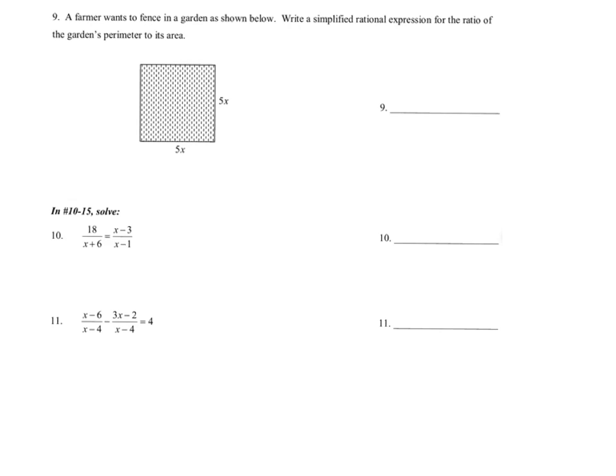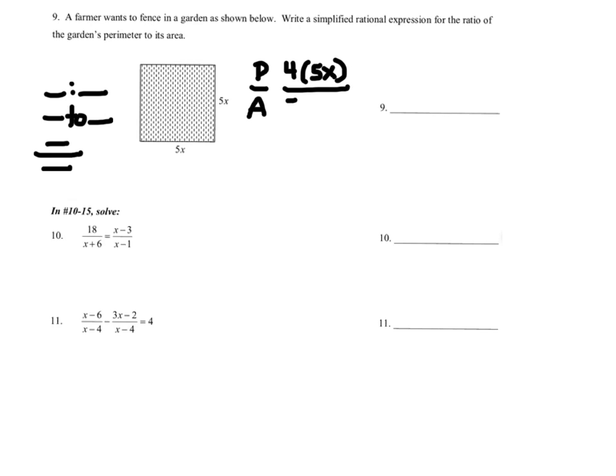I can either write a ratio as something to something, or something divided by something, right? And if I want an expression, these two would not be considered expressions. I need a rational expression for the ratio of the perimeter to the area. The perimeter of this would be 4 times a side.